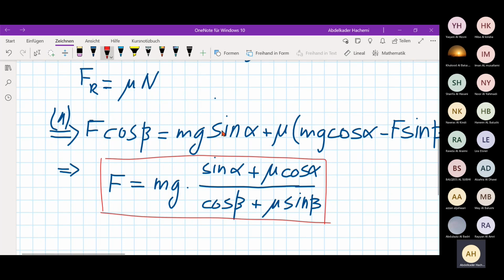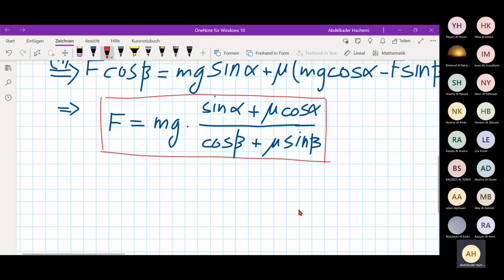Sometimes, as I said, there is a few seconds network problem. As I said, m is given, the gravity acceleration is given, alpha, mu and beta are also given.